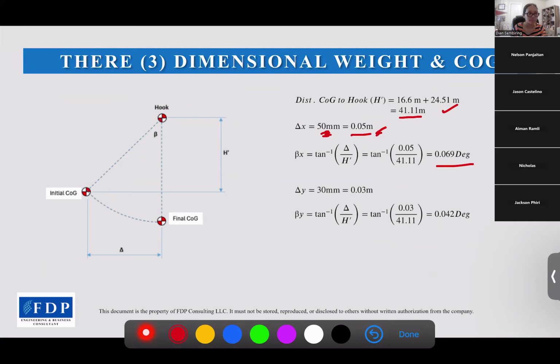During the lifting we can measure the angle, and from the angle we can estimate where the COG of the structure is. So we can do reverse engineering to find the COG.